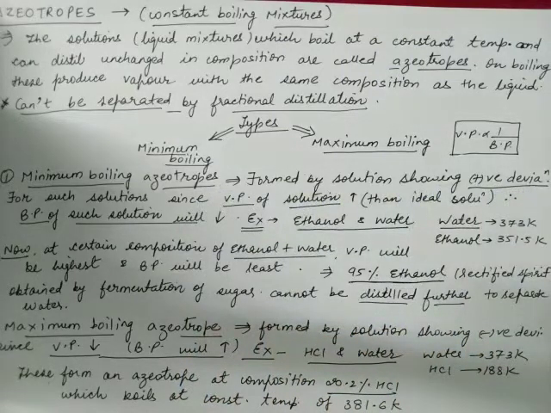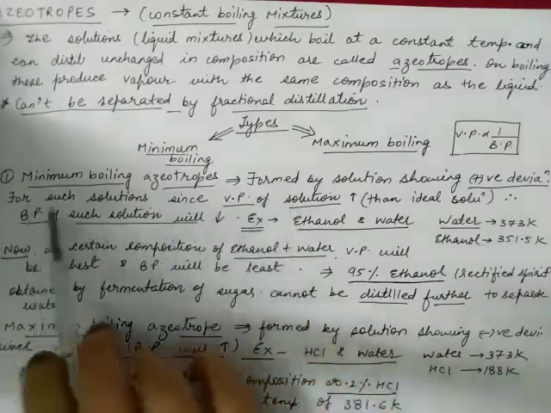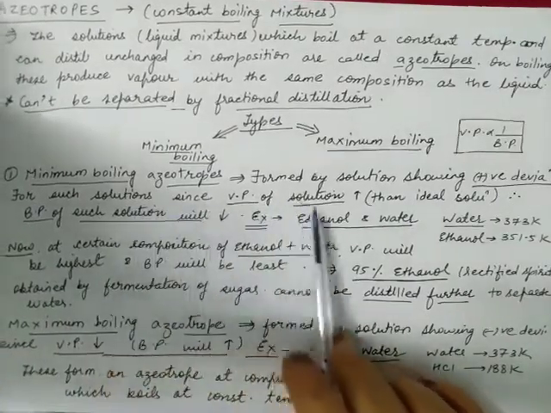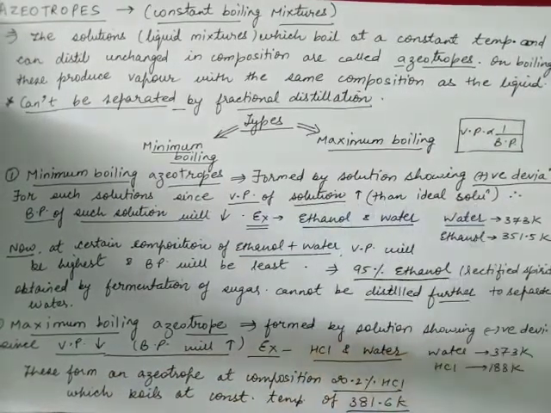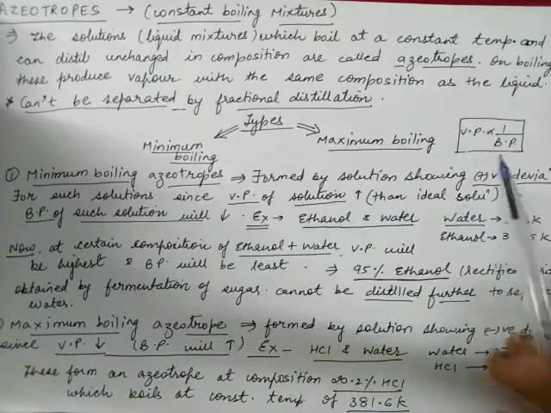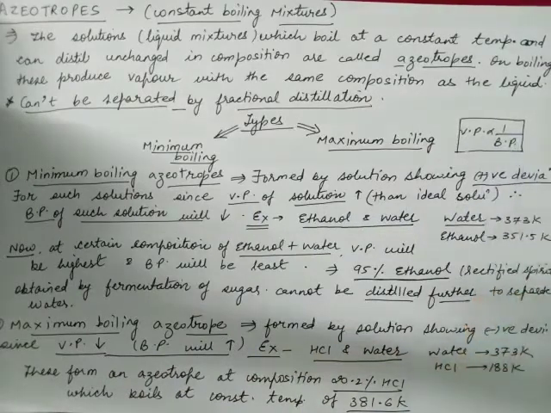And we have learned that when the solution shows positive deviation, the partial vapor pressure of each component is more than that expected from Raoult's law. PA is greater than P naught A XA, if you remember. So what will happen? For such solutions, the vapor pressure of solution increases as compared to the ideal solution, and there is a relation: vapor pressure is inversely related to boiling point.